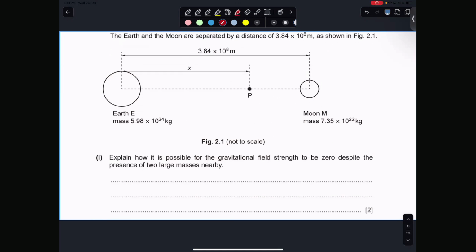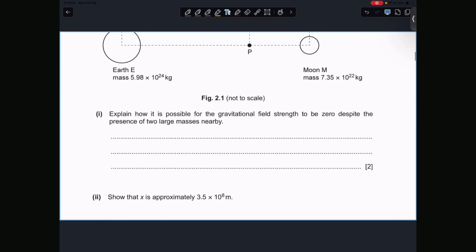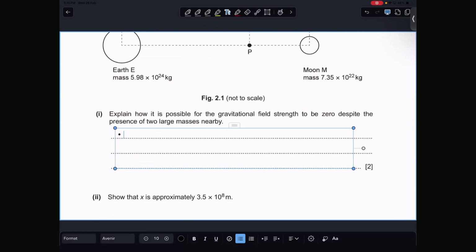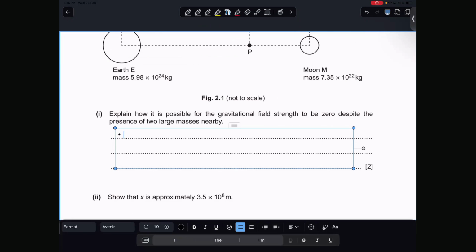Opposite field at the same location, equal and opposite. That's a 0.